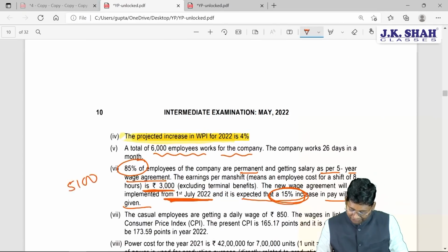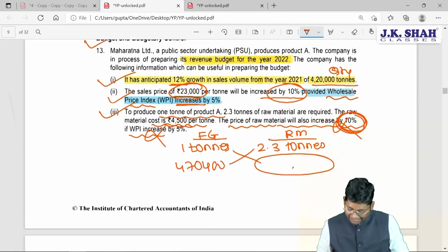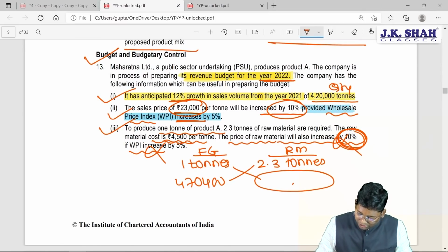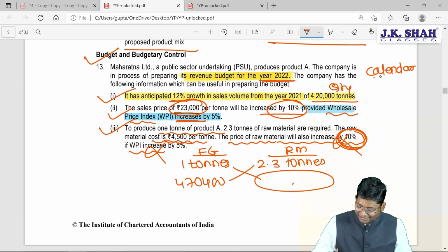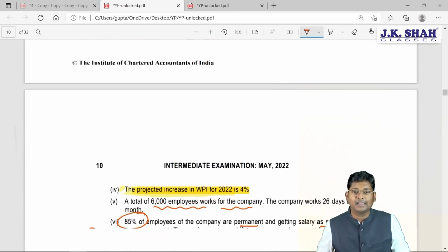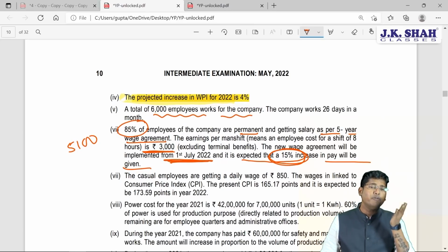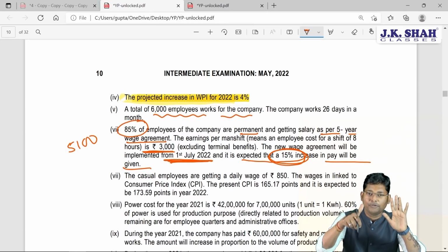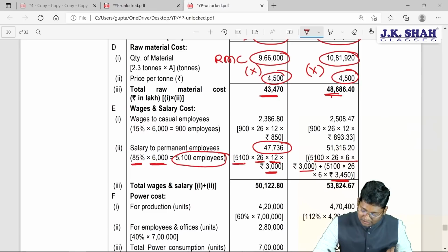First check whether financial year is given or calendar year is given. First check that. Now budget for the year 2022 is given, meaning the company is using calendar year, and this is very important. This calendar year always starts from January. So if you count from January, February, March, April, May, June, for first 6 months your workers are going to get only 3,000 rupees.